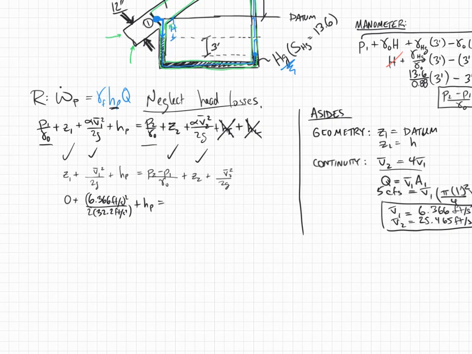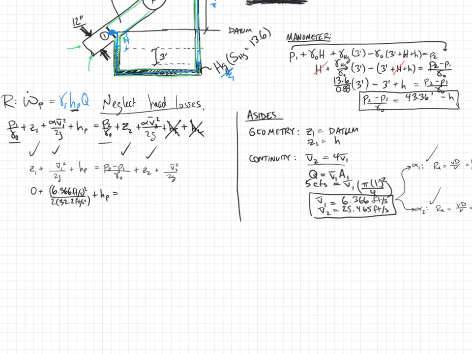HP equals (P2 minus P1) over gamma oil, 43.36 feet, minus h, plus Z2, which is lowercase h, plus V2 squared, which is 25.465 feet per second squared, all over 2 times 32.2 feet per second squared.